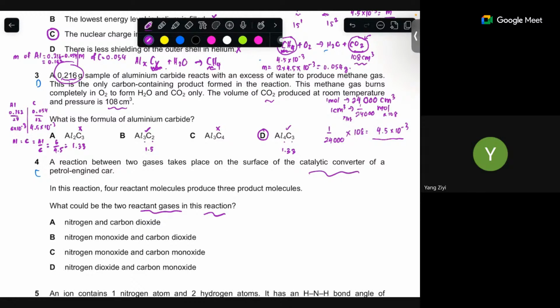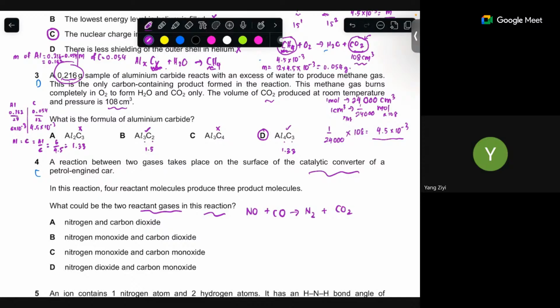If you look into the catalytic converter, the gases that will react are nitrogen monoxide and carbon monoxide, where they will react to give you nitrogen gas and carbon dioxide gas. So you need to know this equation.